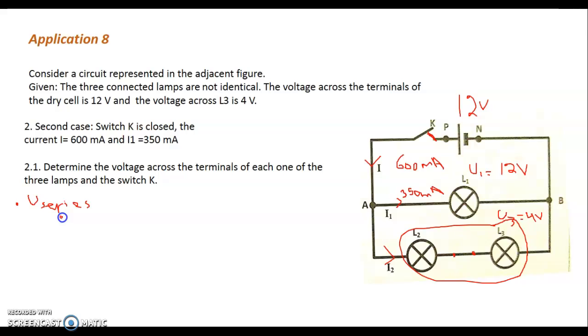U for the series grouping is equal to U2 plus U3. This is due to the law of addition of voltage in series grouping.